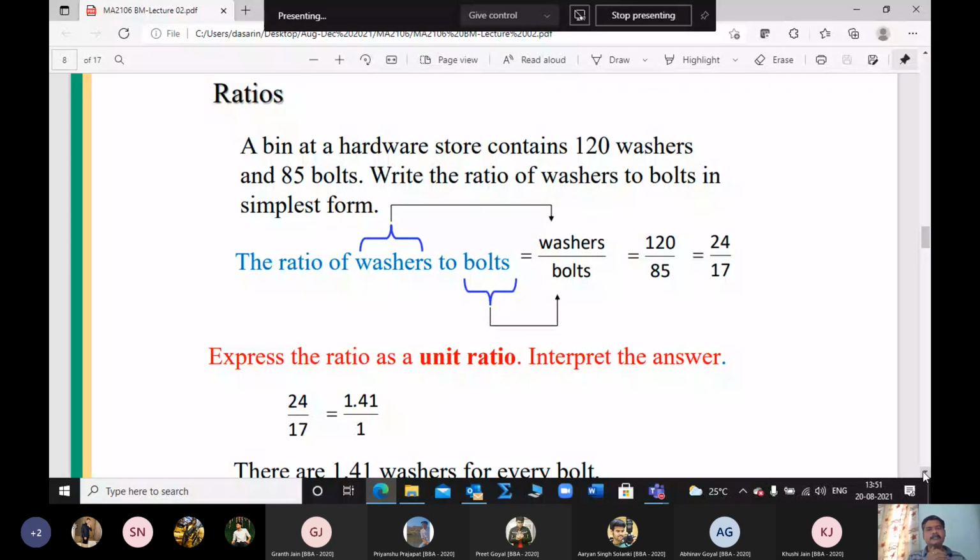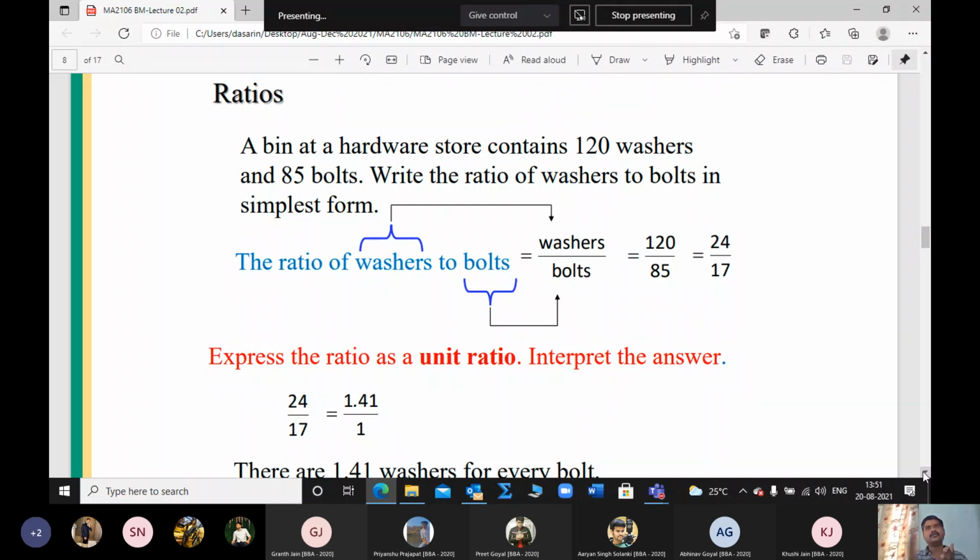In that hardware shop, you can find different bins, and in one of the bins there are 120 washers and 85 bolts. Now suppose the question is, write the ratio of the washers to the bolts.